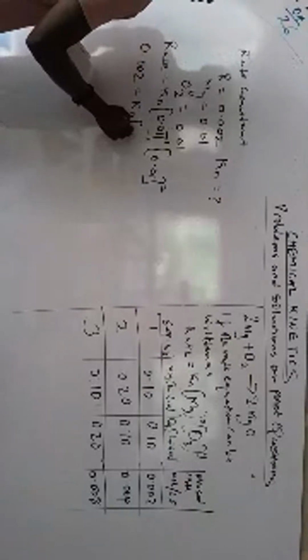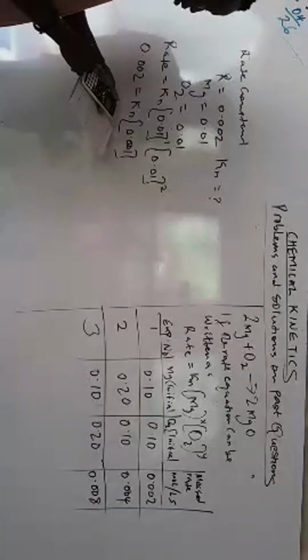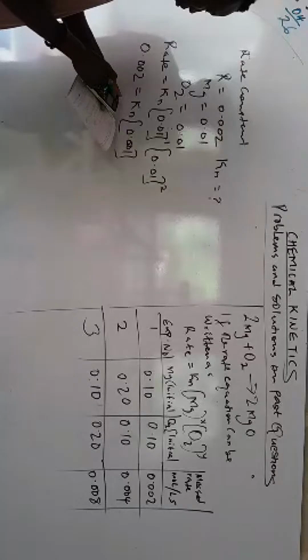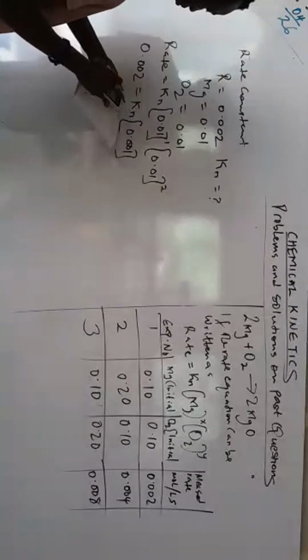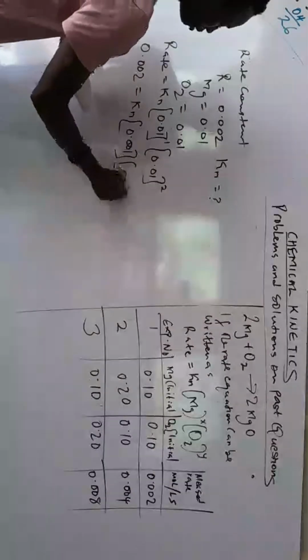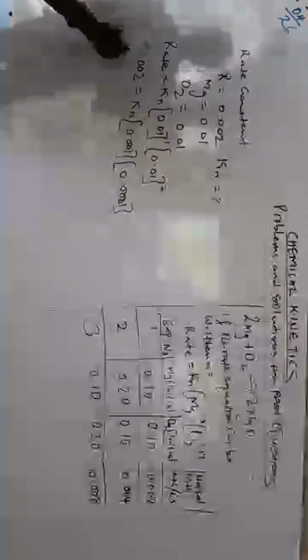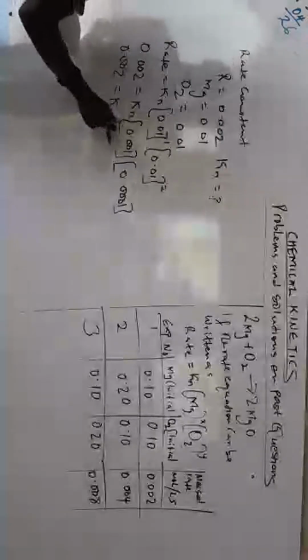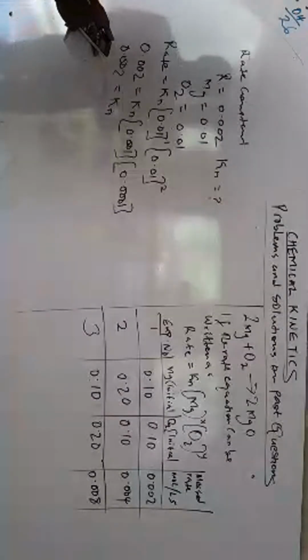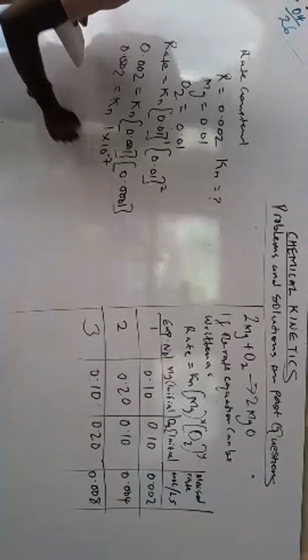Again, we are going to have 0.001. This one here, we are going to have the value 0.01. So have here Kn, multiply all these together. What are you going to have? That will give you 1 times 10 raised to the power minus 7.